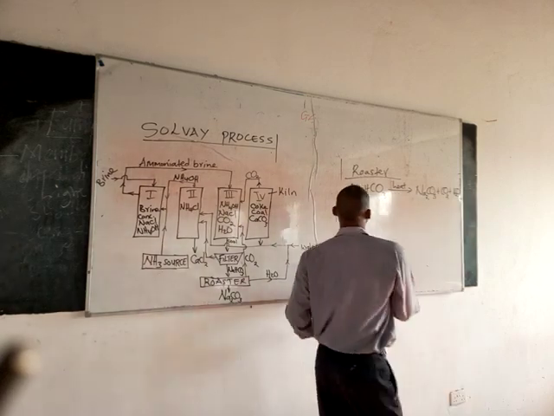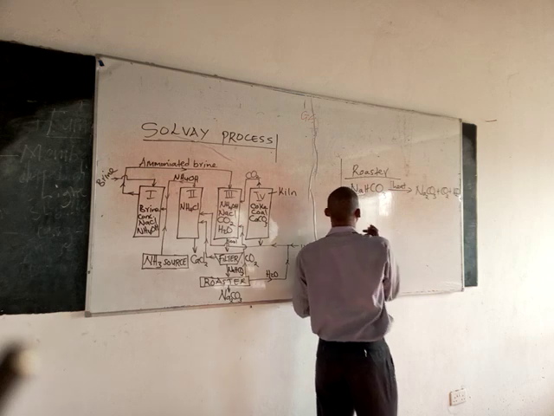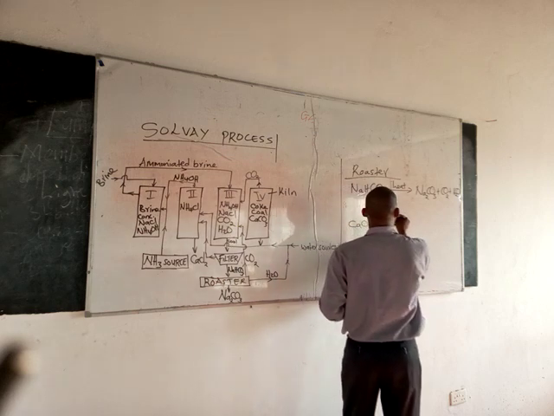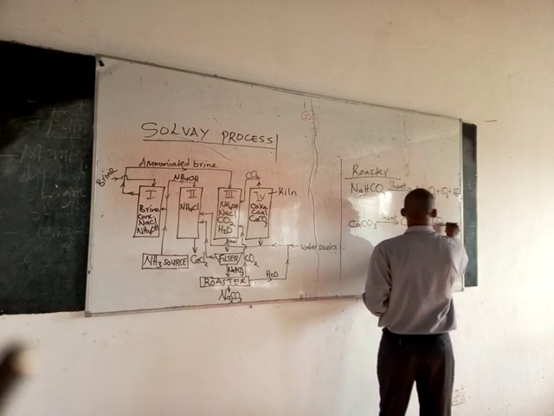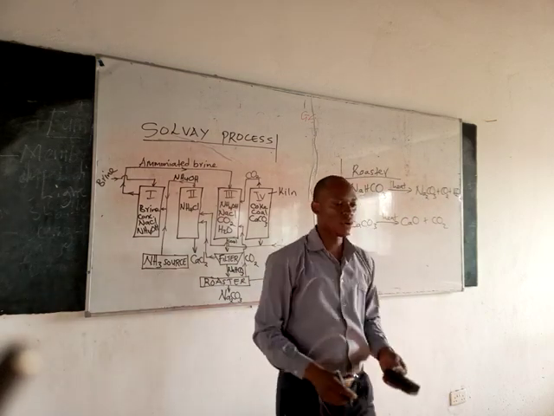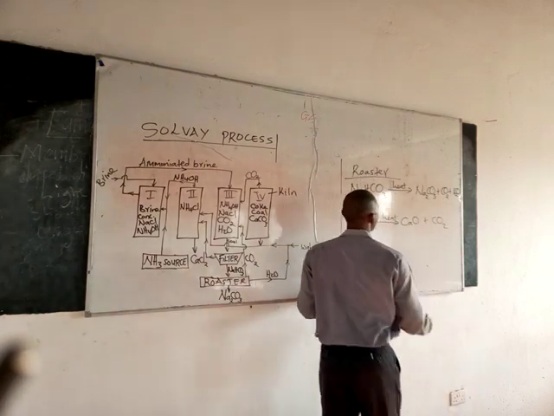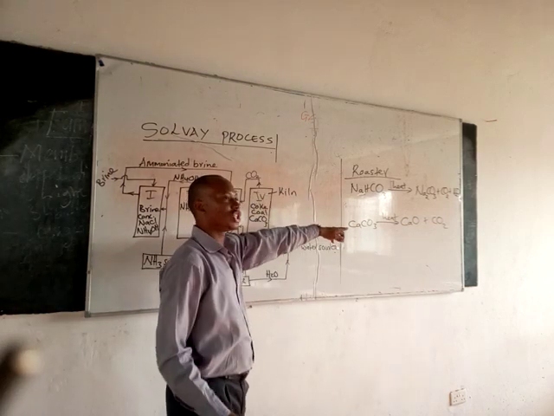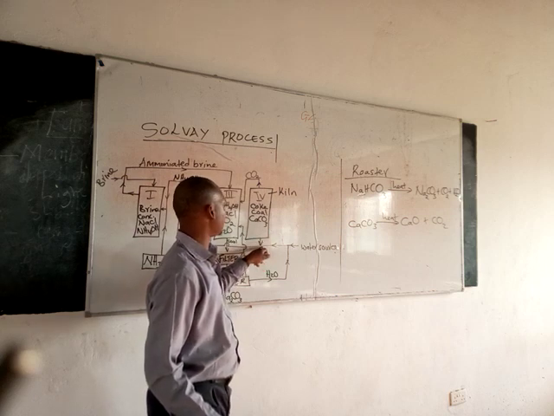Something to note: we have said limestone can be decomposed by heating to generate carbon dioxide, and calcium oxide, which is quicklime, is also being produced. As this carbon dioxide proceeds to chamber 3, calcium oxide or quicklime is harvested down here.